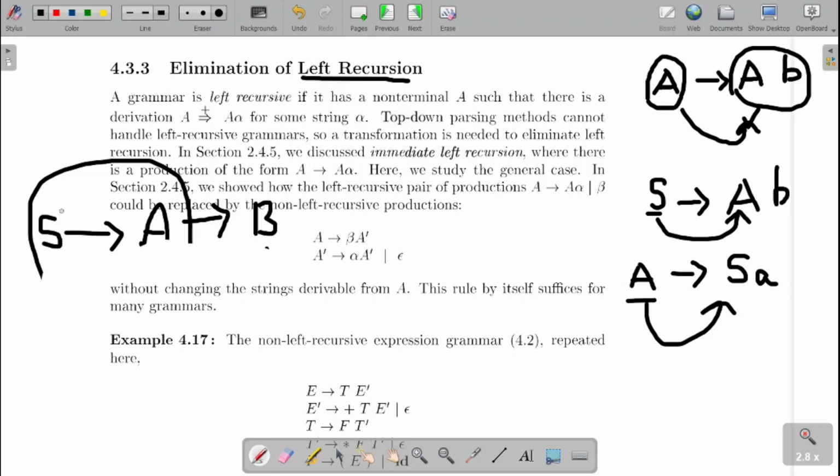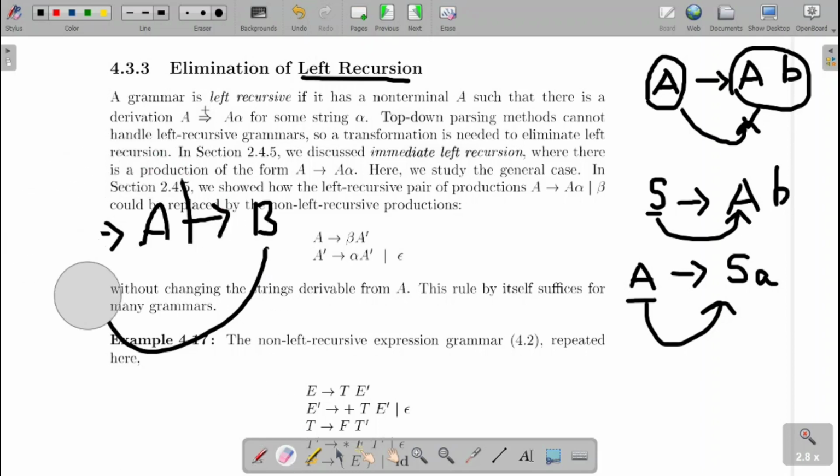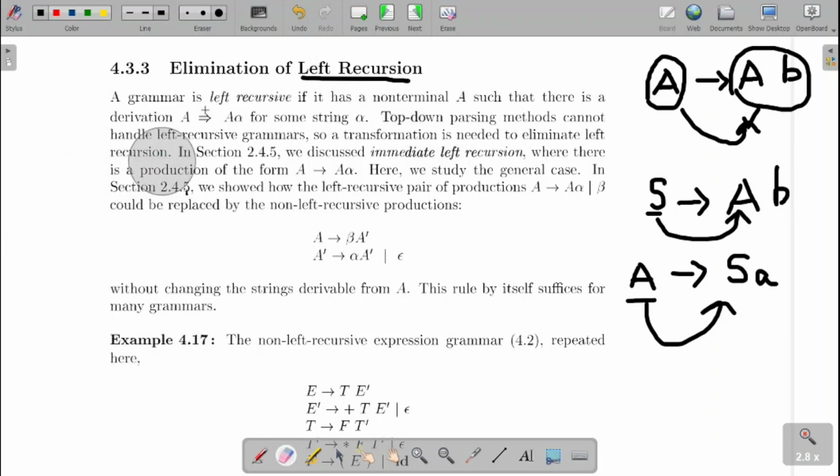The recursion may be immediate or it may be indirect, that is, B derives S; S derives A derives B and B derives S. Even these cases come under left recursion. So left recursion may be direct, that is immediate left recursion, or indirect left recursion. You should handle both.